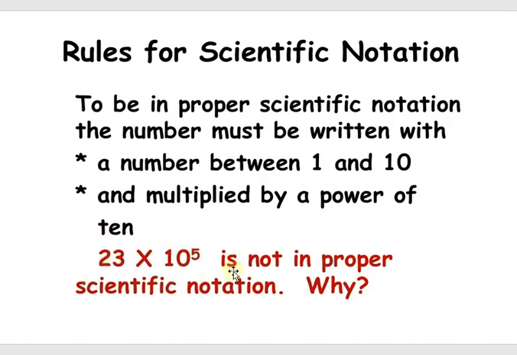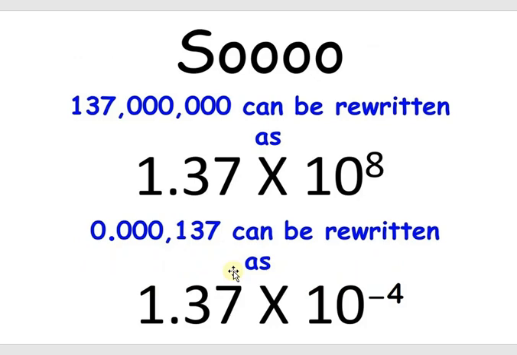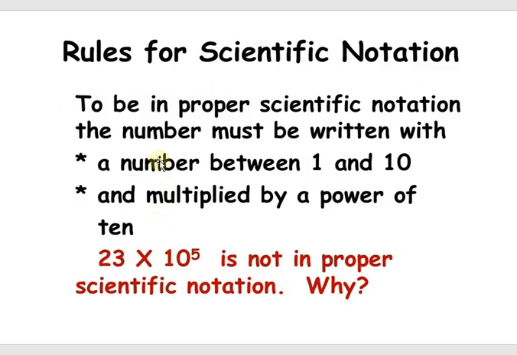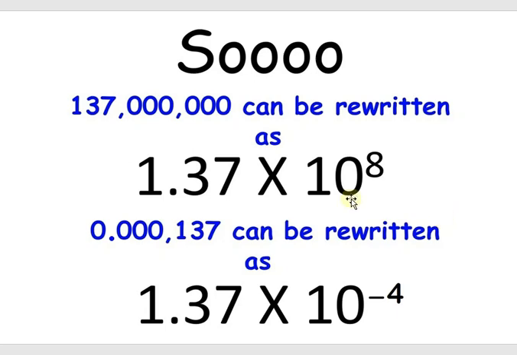We can further consider a few examples. This is an ordinary notation. If we convert it into a standard form, or simply scientific notation, we can write it this way, as we learned here: a number between 1 and 10 multiplied by a power of 10.